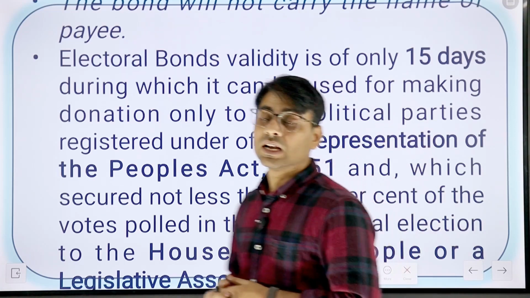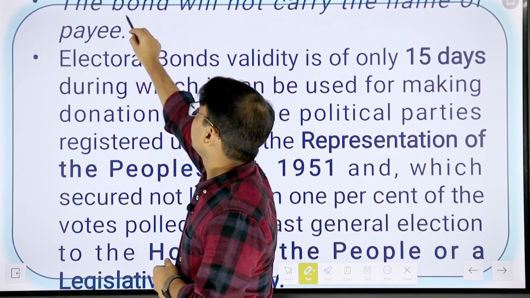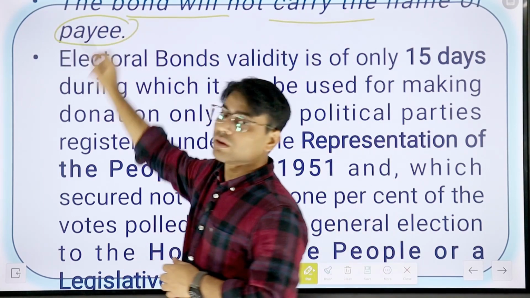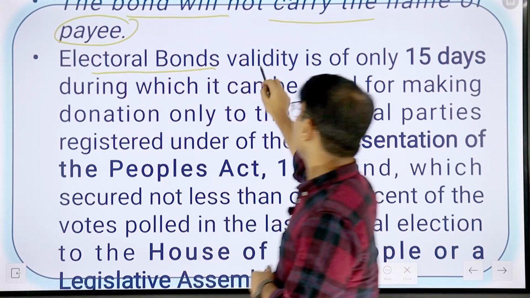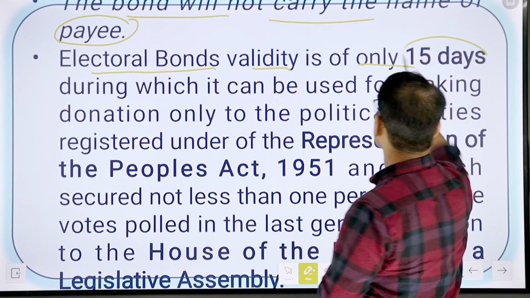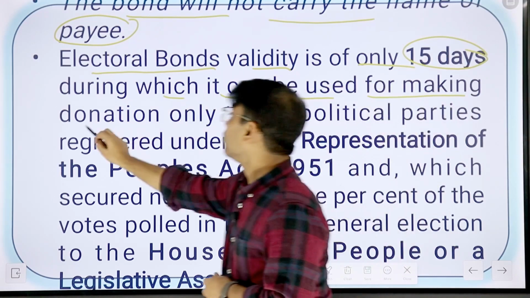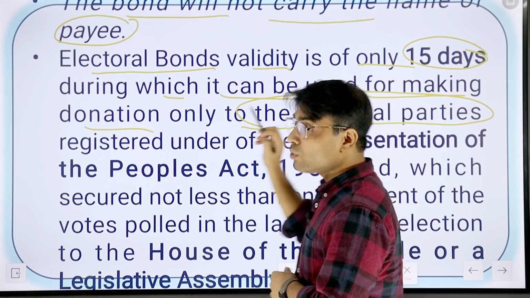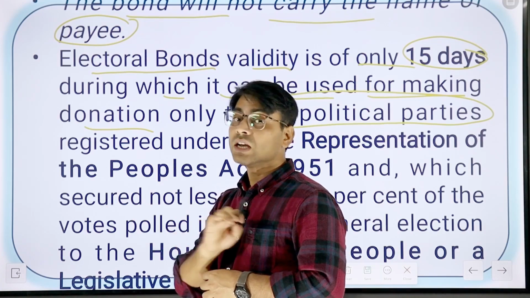Besides this, it has some other features. First, the bond will not carry the name of the payee. Remember, it will not carry the name of the payee. Second, the electoral bond validity is only 15 days, during which it can be used for making donations only to political parties. Remember, this bond can be used to make donations only to a political party, none other than this.